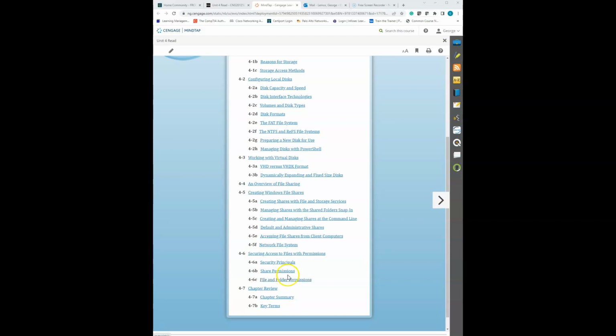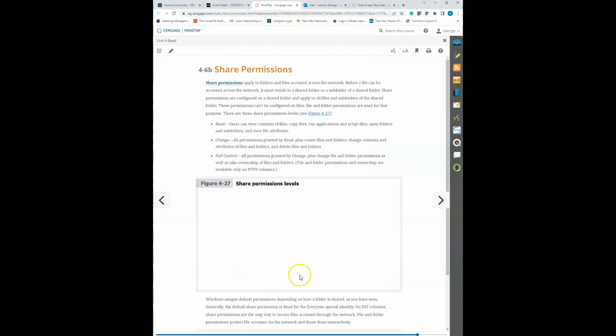I think one of the biggest things when it comes to file access is definitely managing the share permissions, share levels, because we get into this full control, change, read permissions.